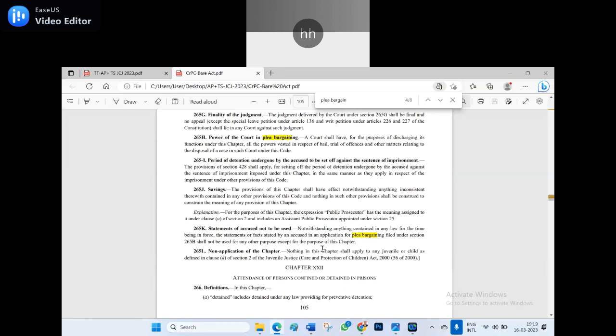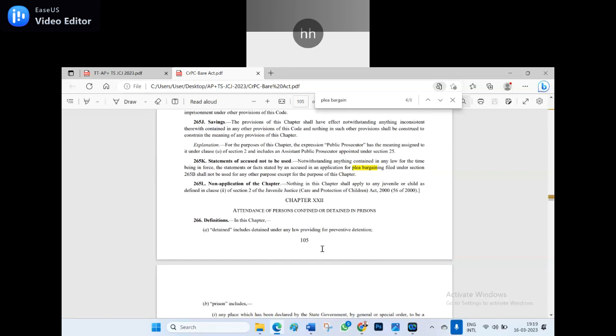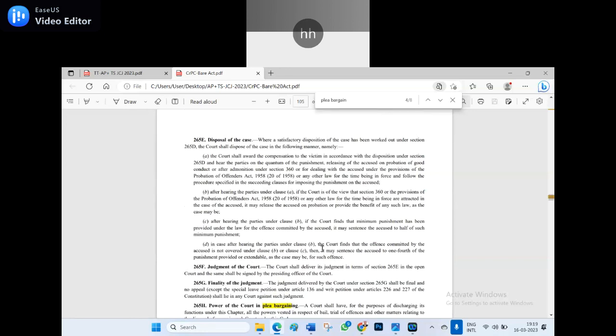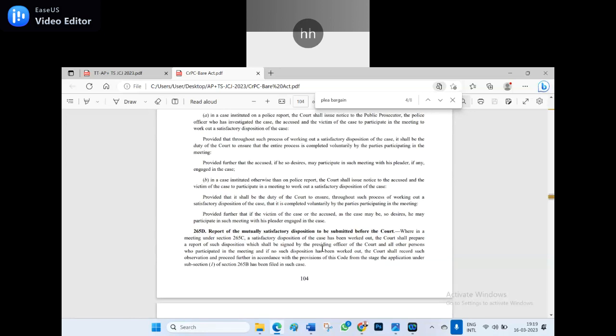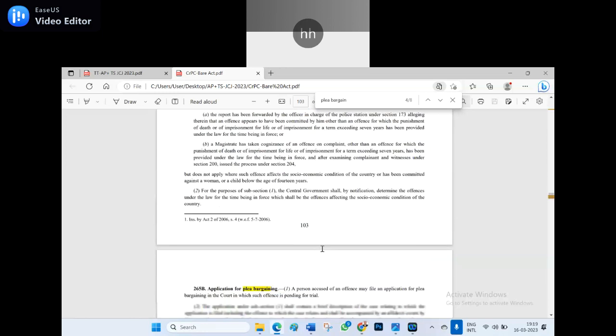So the probability is there may be a question on 265, because all these capital letters were added in amendments, either in the same amendment or in different amendments. If you look at it, it can be shown whether the same amendment or a different amendment added it. Because generally they will give the footnote under this one.